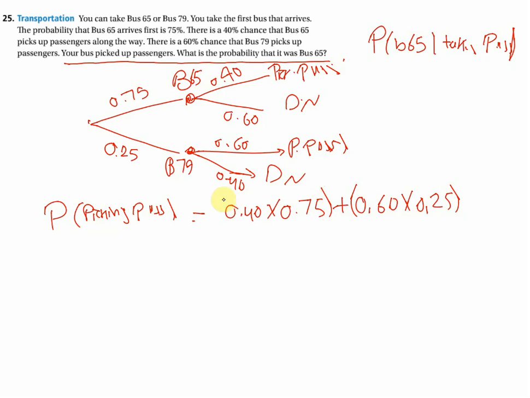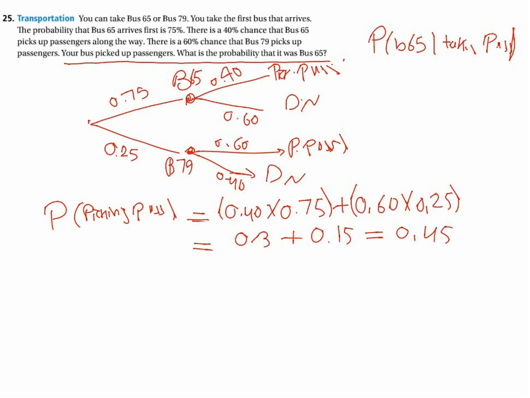Again, we have two cases in which the bus picks up passengers. Number one, picking up passengers and bus 65, 0.40 times 0.75, and number two, picking up passengers and bus 79, 0.60 times 0.25. So when we do this calculation, we get 0.3 plus 0.15, which means 0.45.